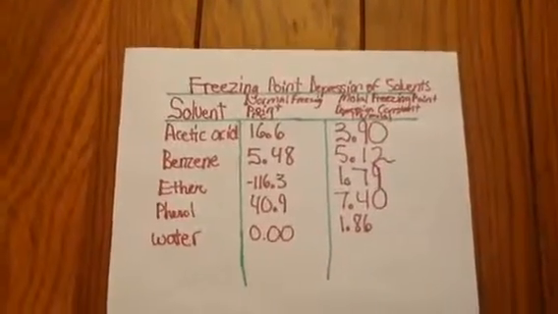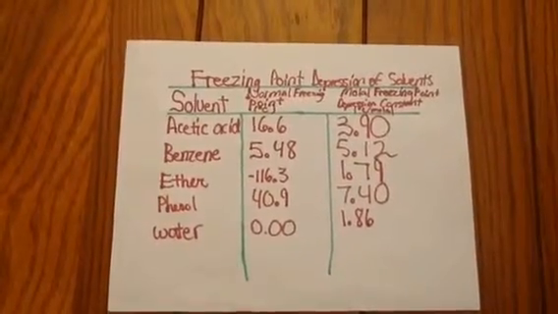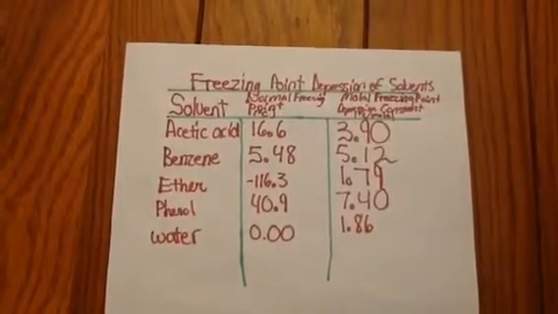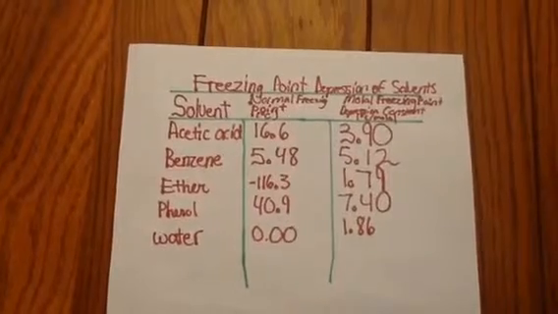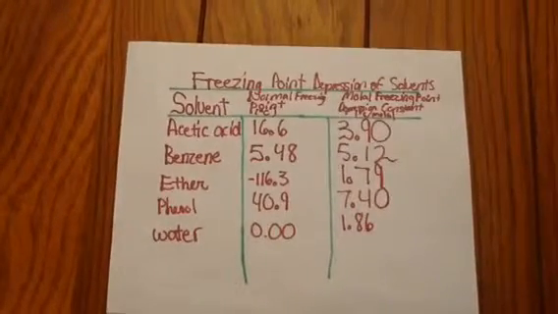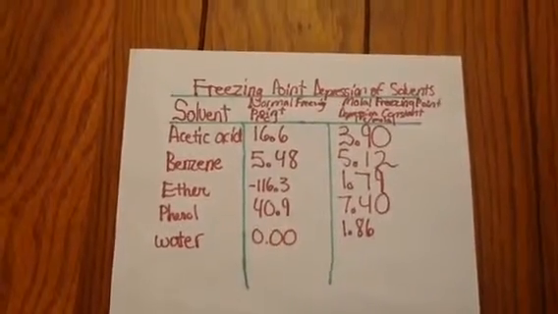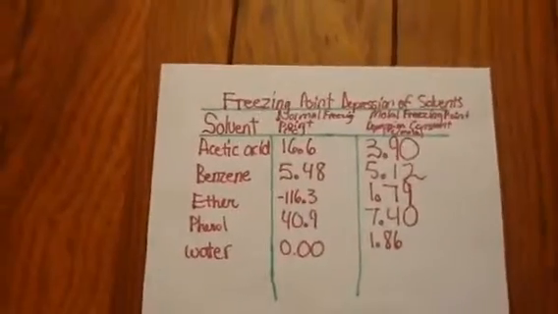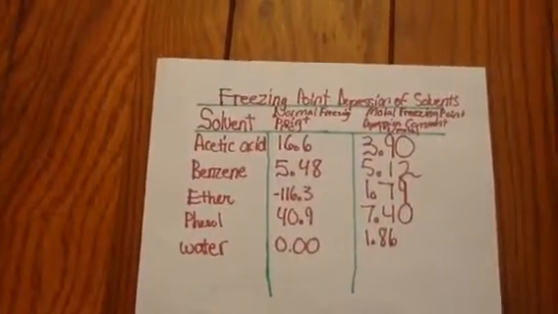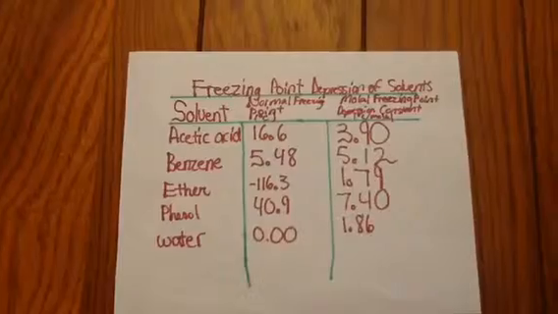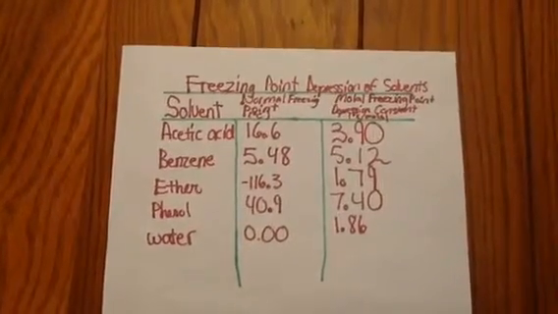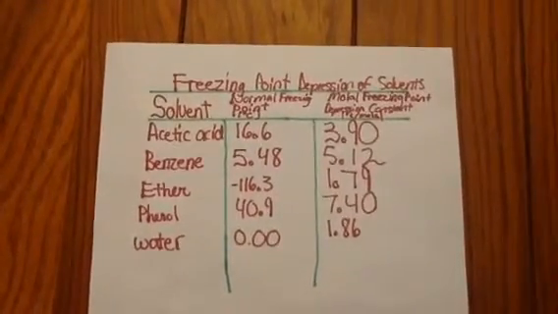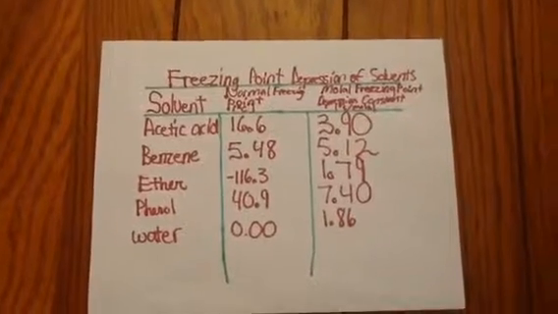In this chart listed, these are the freezing point depressions of solvents: acetic acid, benzene, ether, phenol, and water. All of these solvents have a freezing point depression change.